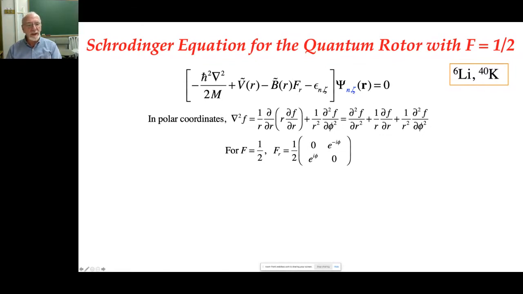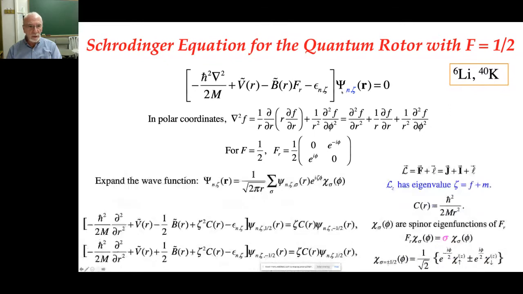This term over here in the Schrödinger equation is the kinetic energy, which is written over here in polar coordinates. F sub r is the radial component of the hyperfine F quantum number. And we want to find the energies and the wave functions.